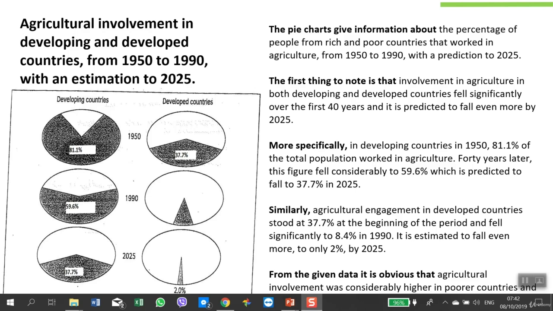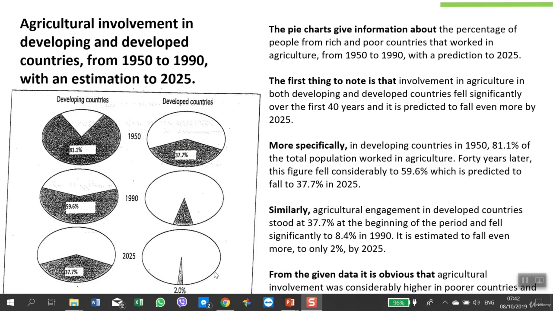Similarly, agricultural engagement in developed countries stood at 37.7% at the beginning of the period and fell significantly to 8.4% in 1990. It is estimated to fall even more to only 2% by 2025. So again, we have described the whole period with the prediction to 2025.